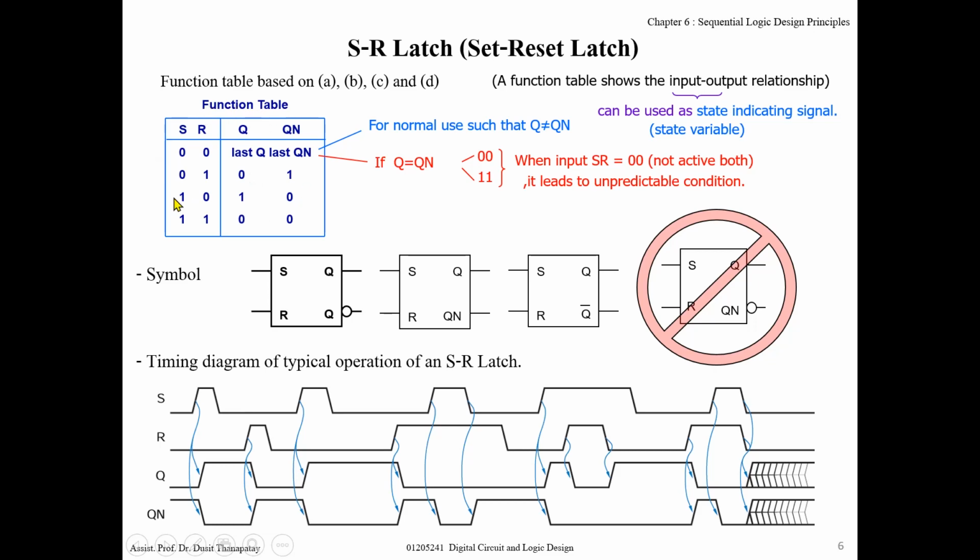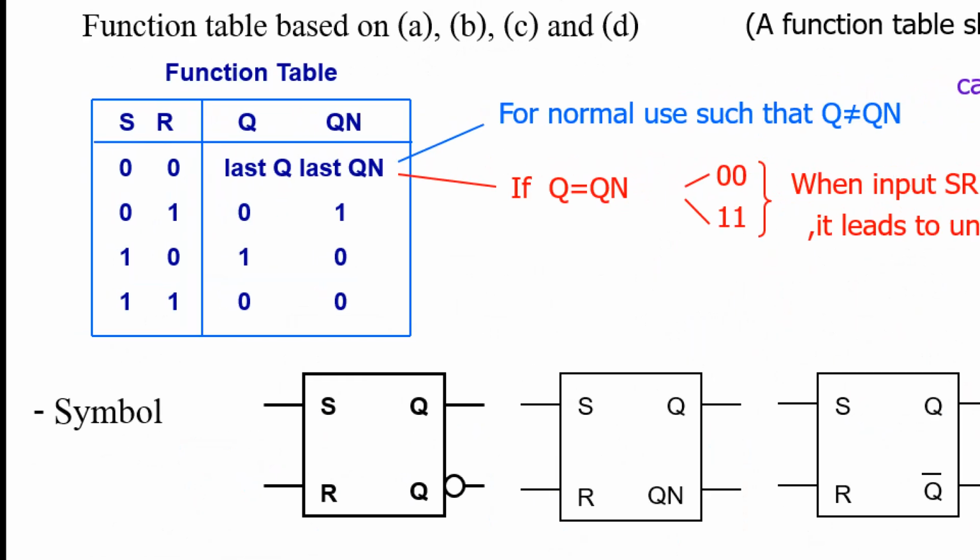For the function table, write something like this. When SR is 0, so not active, the value of Q will be last Q. Last means the previous, right? The last previous value of Q. If the last value of Q is 0, the current value of Q is also 0.